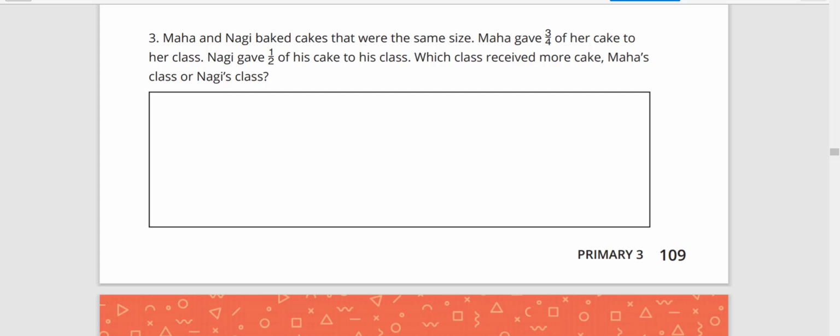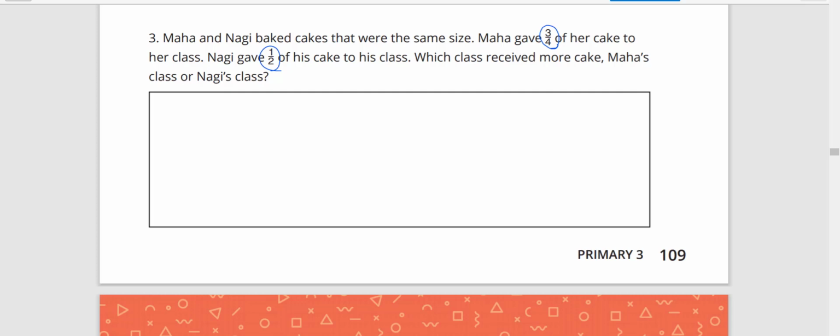Number 3, Maha and Nagy baked cakes that were the same size. Maha gave three-fourths of her cake to her class. Nagy gave half of his cake to his class. Which class received more cake, Maha's class or Nagy's class?